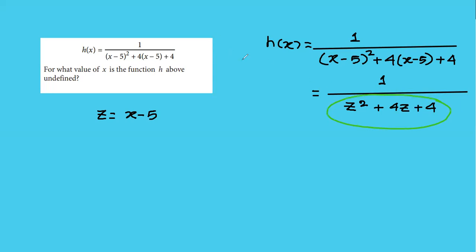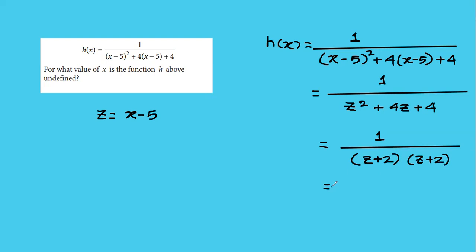We need two numbers that multiply to 4 and add up to 4. There, 2 and 2. So you'll get 1 over z plus 2 times z plus 2, which is nothing but z plus 2 whole squared.